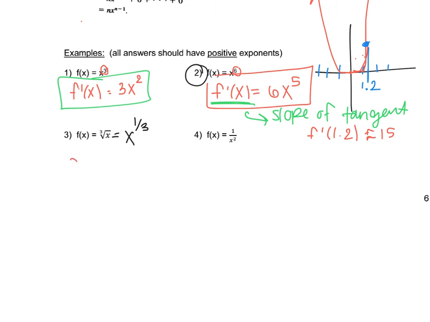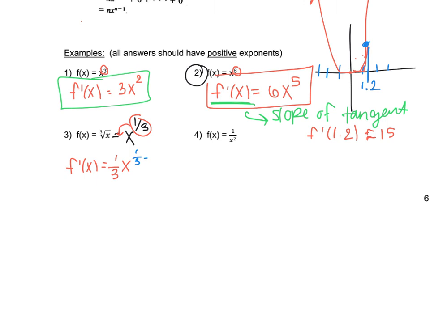So this would mean f prime of x equals, applying the power rule, the power comes down in front, 1/3 x, and then we subtract 1 from the old power. So this new power is going to be 1/3 minus 1. I'm going to write that down because that's the power rule, but we have to be pretty comfortable with subtracting 1 from a fraction.